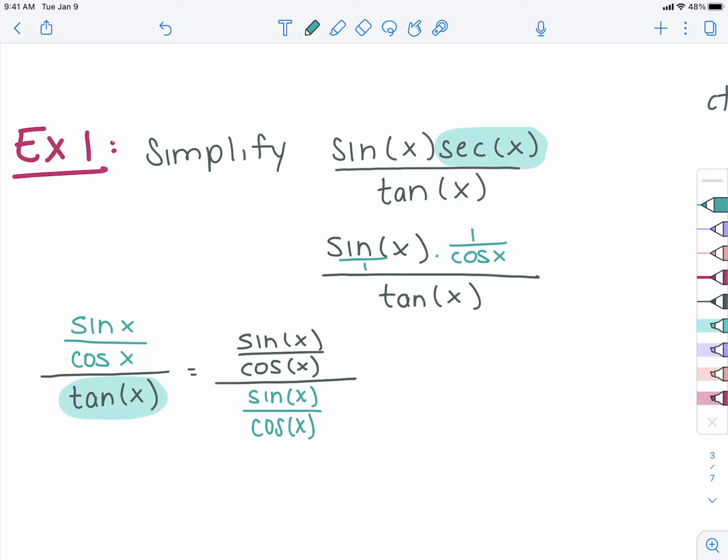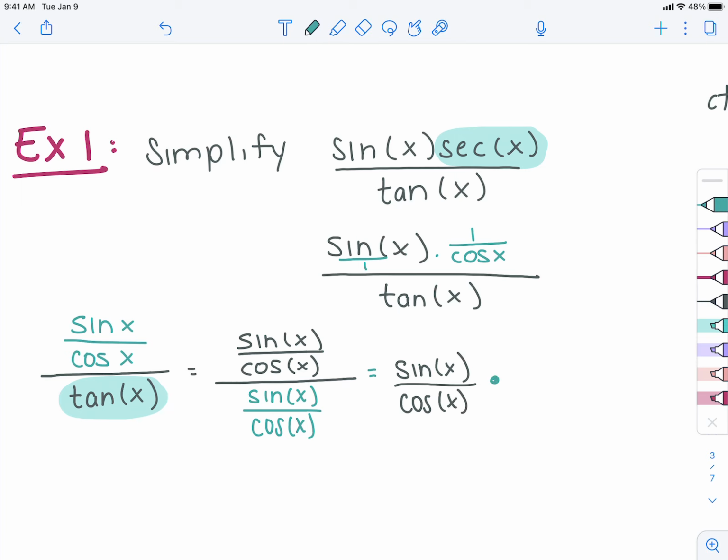If I don't recognize it, if I don't really notice it, I'm going to say, okay, let's keep the top part, change the sign, and flip the bottom one, because that's what I would do anytime I was simplifying a fraction over a fraction, right? Keep, change, flip. So if I don't notice it, I keep the top one, so I still have sine of x over cosine of x.